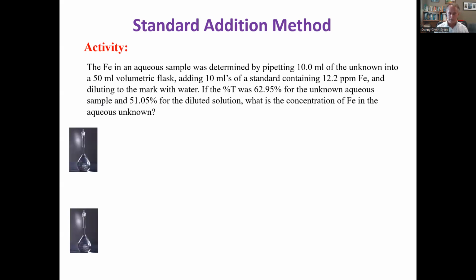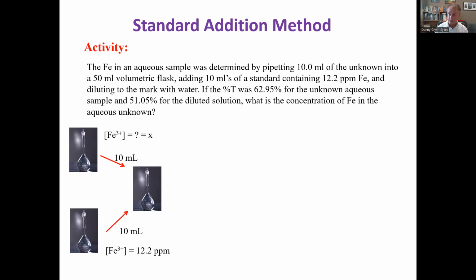Okay, so here we are. I have my unknown iron 3+ solution, okay? And I have my standard solution of iron 3+ that I made, 12.2 ppm. I'm going to take 10 mL of my unknown and put it into a volumetric flask, and 10 mL of my standard solution and put it in there. I do want to point out, this does not remove the matrix effects, right? Because the matrix of that spike solution is different than the original unknown.